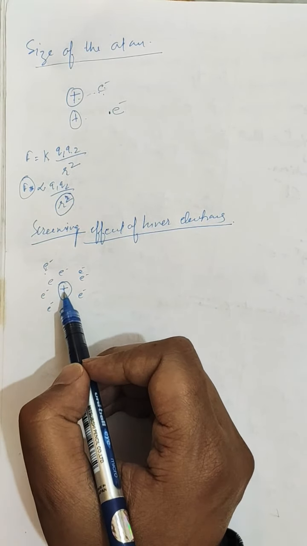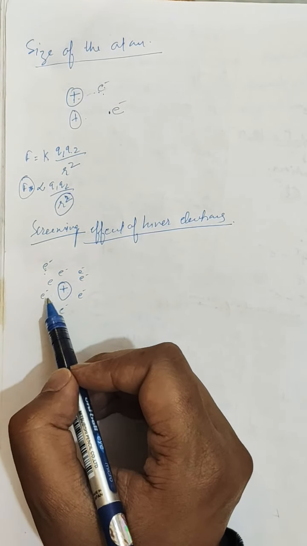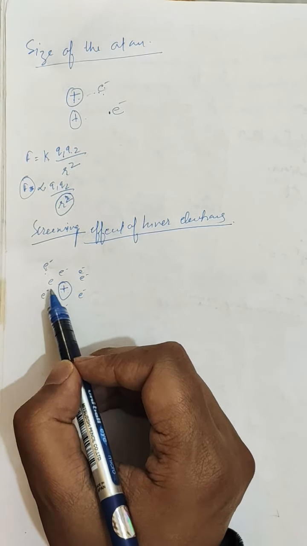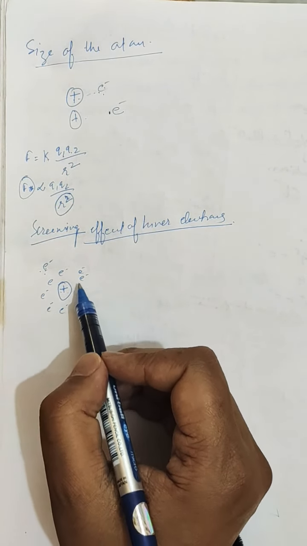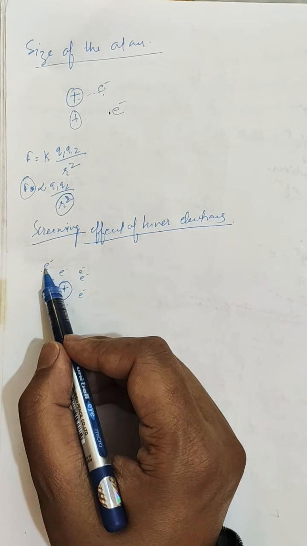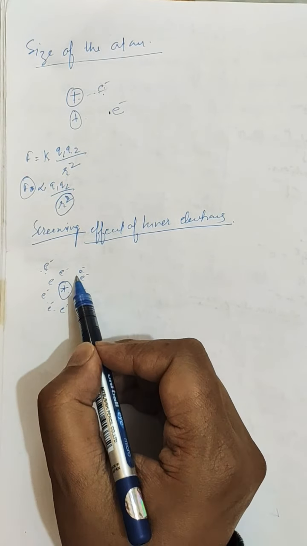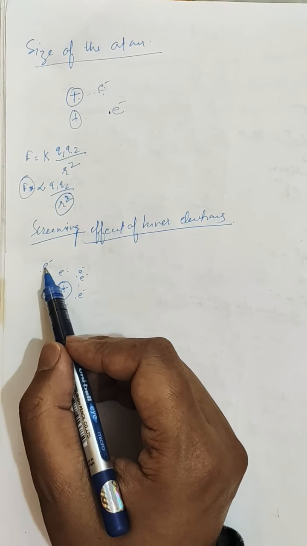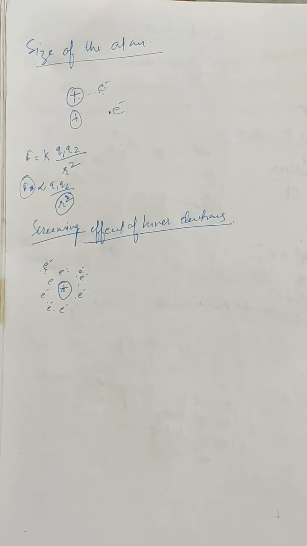The inner electrons are also revolving around the nucleus, and they are shielding the outer electron from the nucleus, as they are present in between the outermost electron and the nucleus. So this is called the shielding or screening effect.